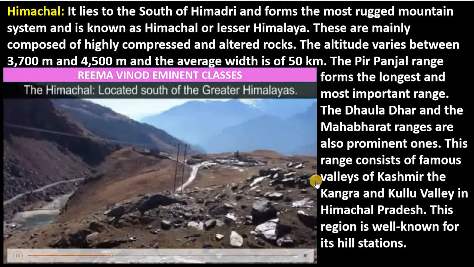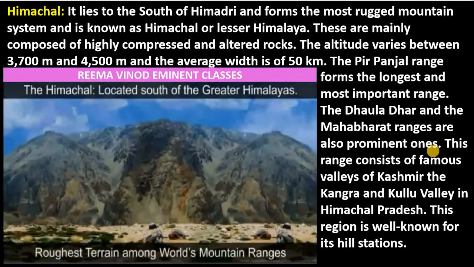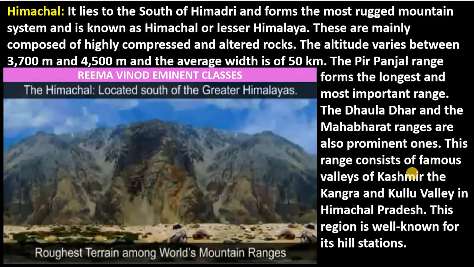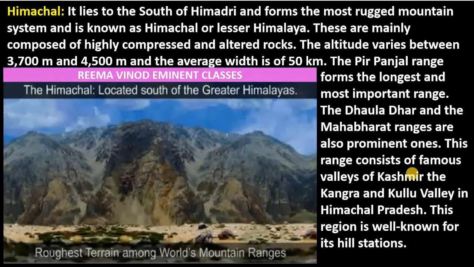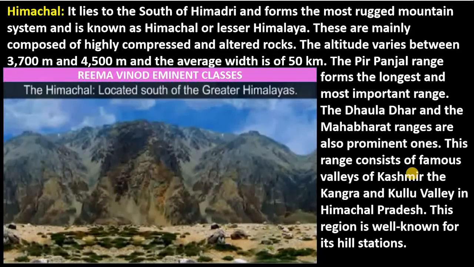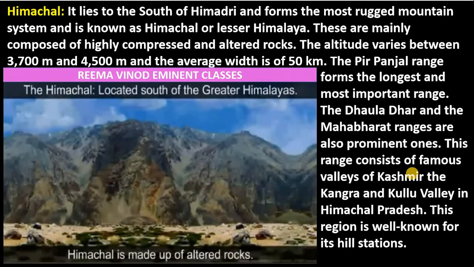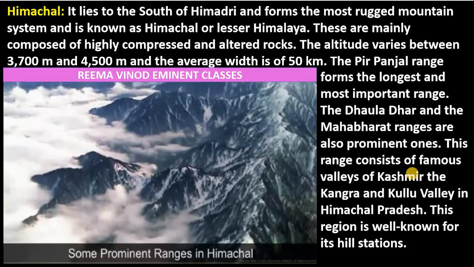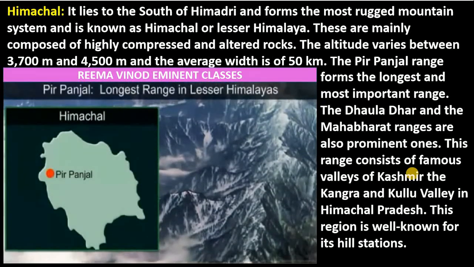These are altered rocks, highly compressed and with very rough surfaces. You can see the roughest terrains among the world's mountain ranges here. The very important range of Himachal Himalaya is the Pir Panjal range.